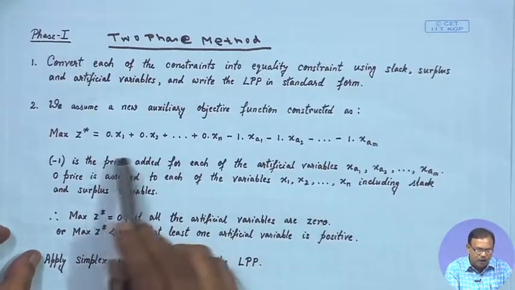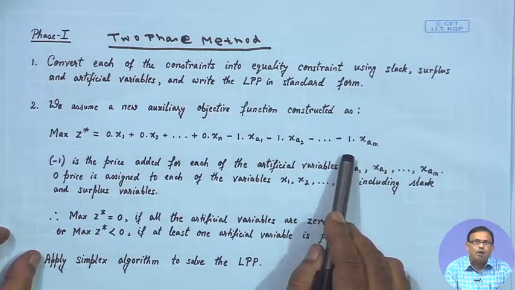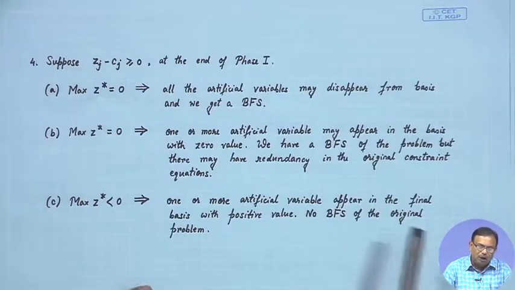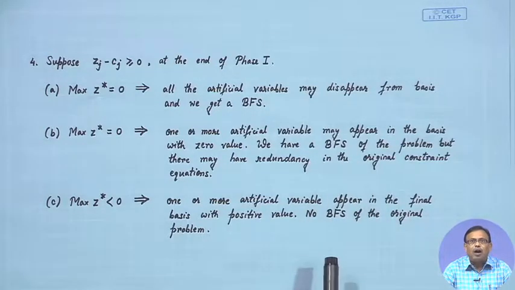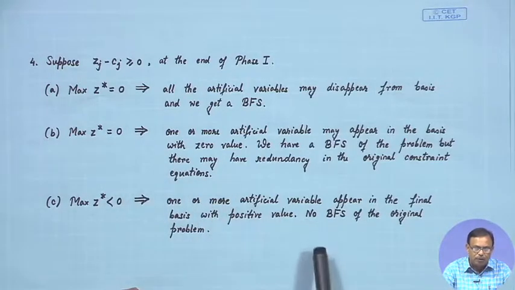So, from this maximum of z star equals this objective function, it is clear. And in that case, if all artificial variables disappear from the basis, then we get a basic feasible solution.